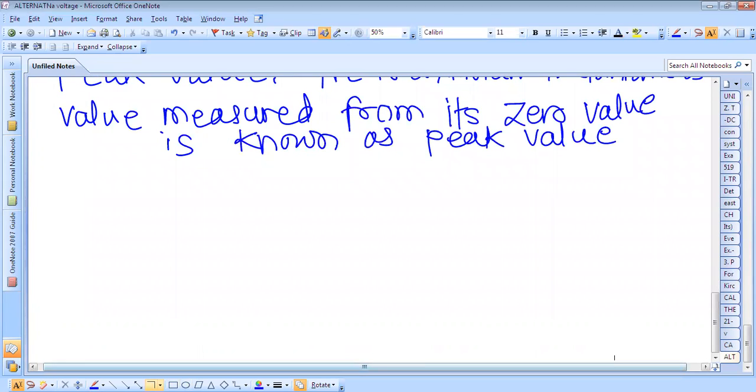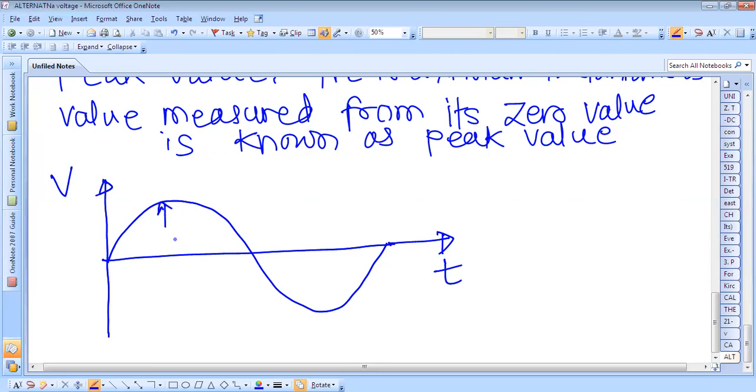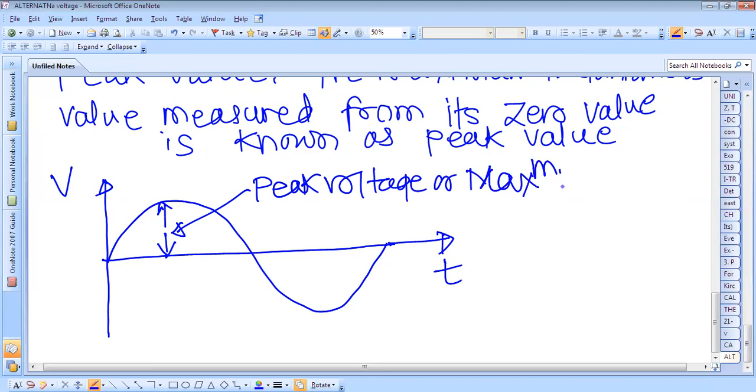Therefore, we can measure the peak value like this. Suppose this is a waveform of the voltage with time, and this is called the peak voltage, or the maximum voltage.